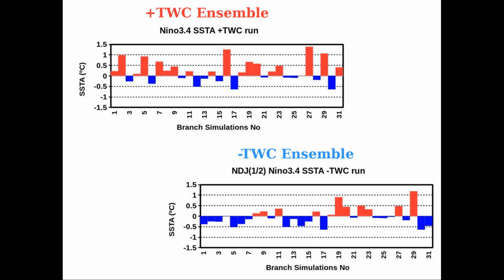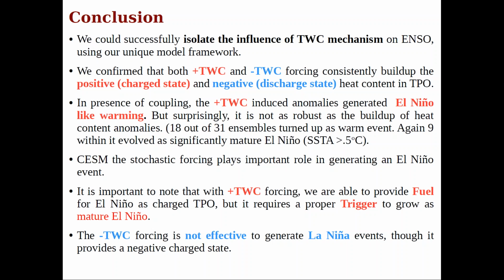Now this is the results and conclusion slide. We were able to isolate the influence of the TWC mechanism on ENSO with our unique model framework, and we found that the plus TWC and minus TWC runs are building up positive and negative heat content anomalies over the equatorial Pacific.